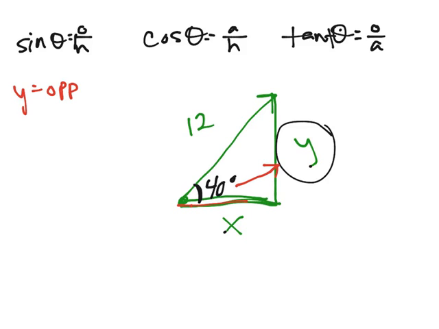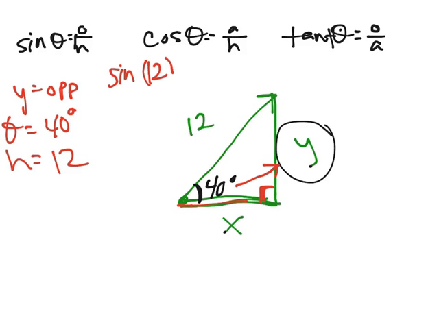Alright, then obviously our angle is our 40 degrees, and our hypotenuse, sorry, I should have drawn that right angle there, our hypotenuse is 12. So if we have the opposite, the hypotenuse, and our angle, you're going to want to use sine. So we do sine of 40, because that's your angle, is equal to the opposite, which is your y, over your hypotenuse, which is 12.